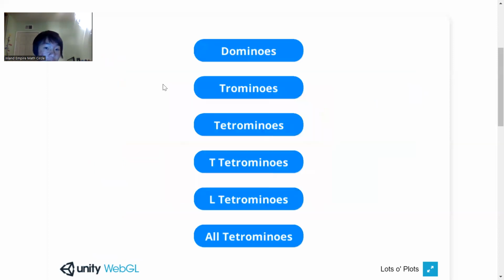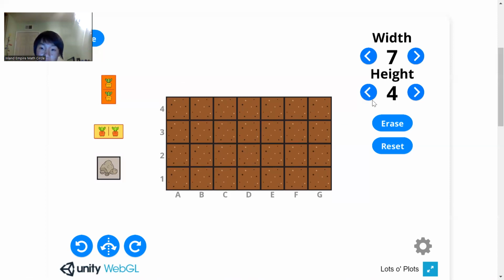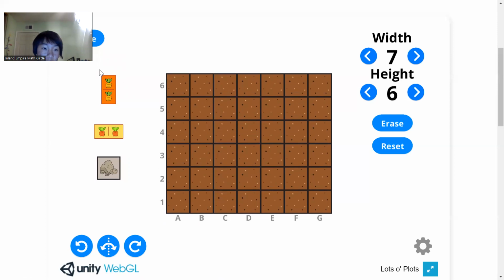So let's go back to the basics, 2x2 dominoes, and then I'll make some puzzles and we'll see if we can fill them out. Actually, let's switch to dominoes. That's a little bit more interesting.